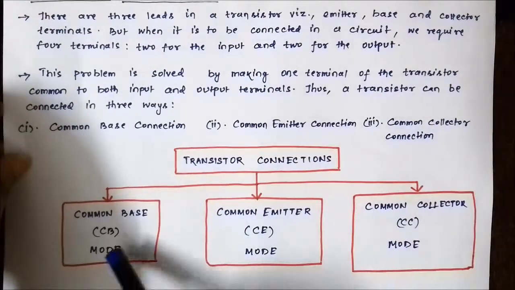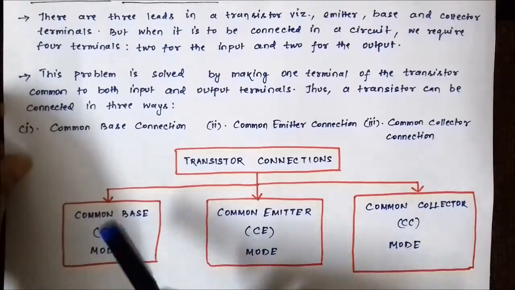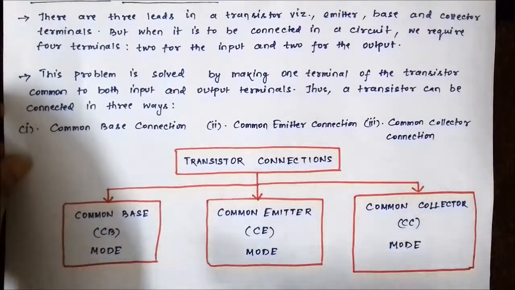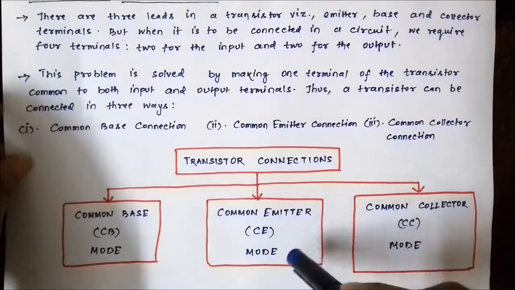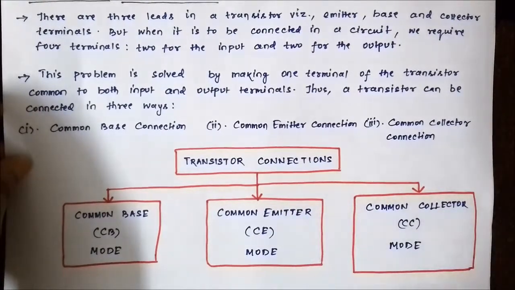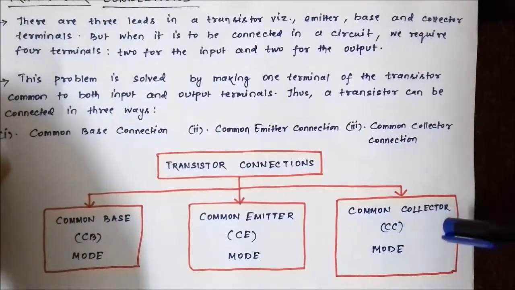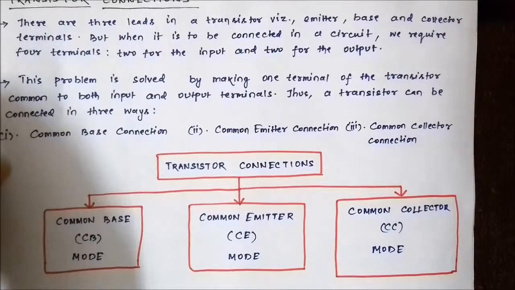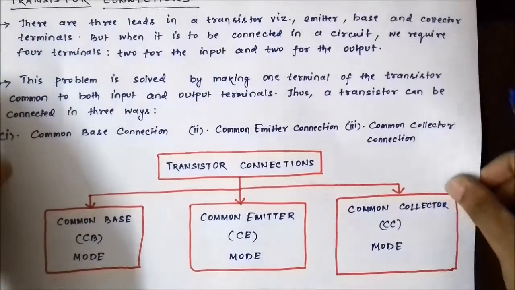First one is the common base configuration or the common base mode BJT, in which the base terminal is common to both the input and the output circuit. Second is the common emitter mode, in which the emitter terminal is common. And last, the common collector mode, where the collector terminal is common to both the input and the output circuit.